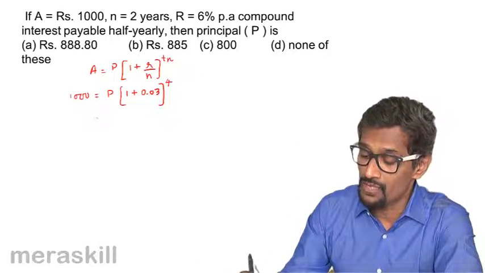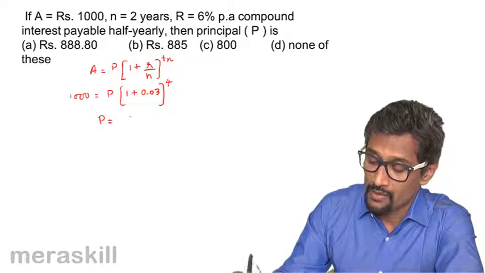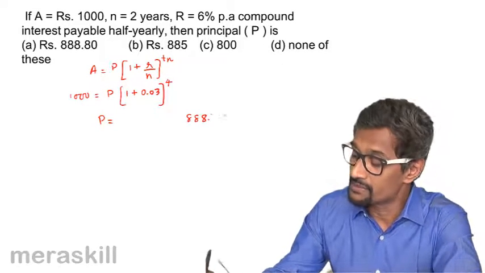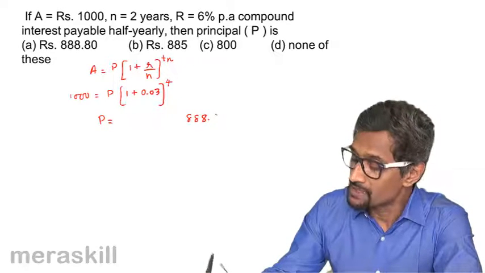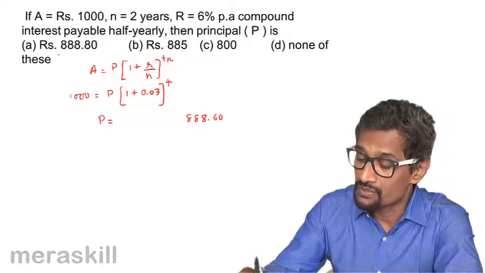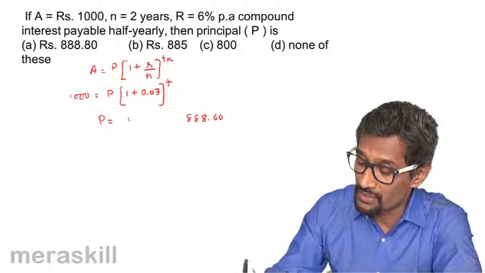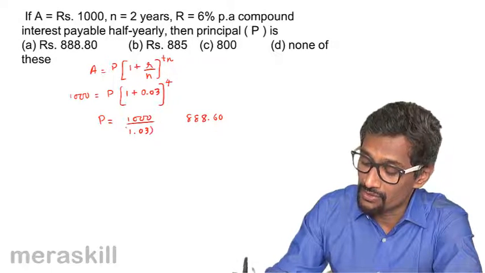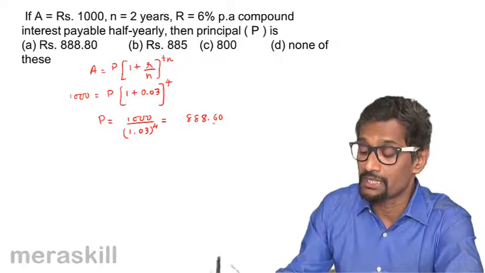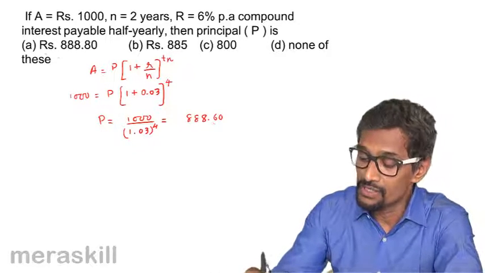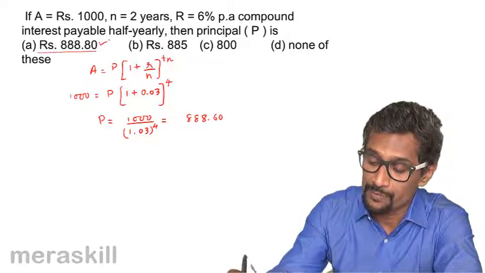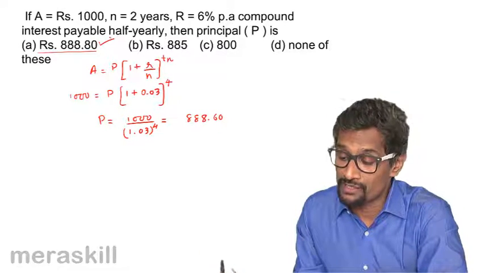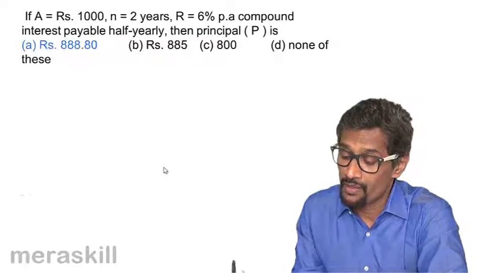P turns out to be 888 rupees, around 60 paise or something, but which is roughly 888. So this is actually 1000 divided by 1.03 raised to 4, which is 888.60. The closest answer to this is this. So you get 888.80 is the principal. Okay.